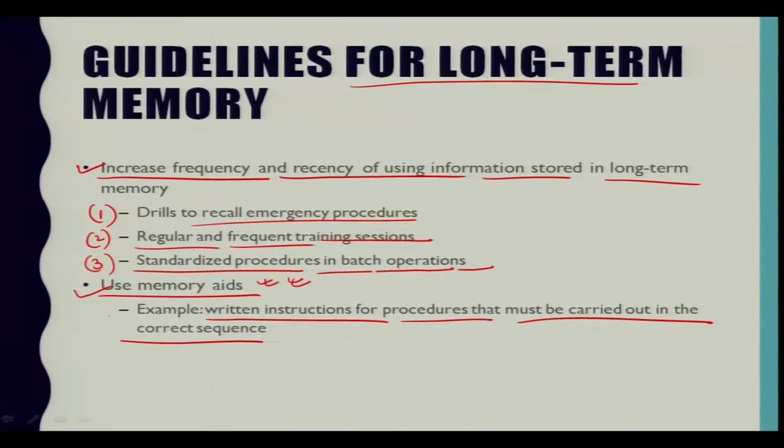Memory aids can take the form of a paper document or digital instructions. In this way, these are some of the possible guidelines which researchers have listed based on their experiences for enhancing the performance of memories like working memory and long-term memory.